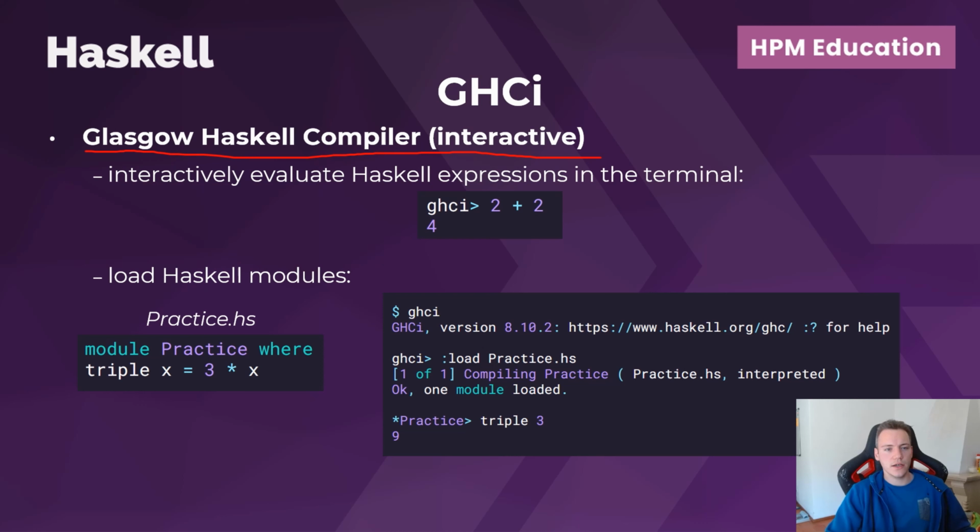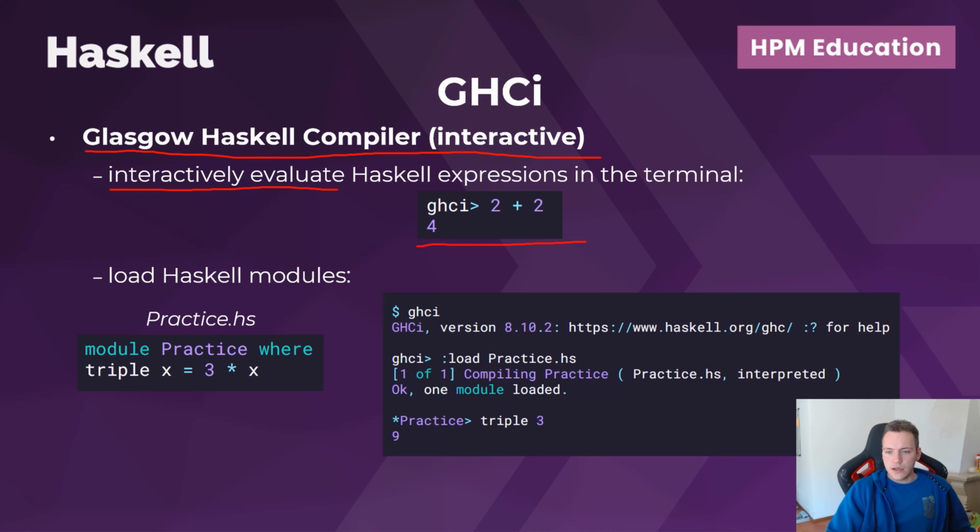And GHCi is an interpreter, a program that we can run to interactively evaluate Haskell code in the terminal. So we can, for example, write Haskell code in GHCi and get the result right away without needing to compile it first and then run it, which is quite useful when learning and playing around with Haskell.